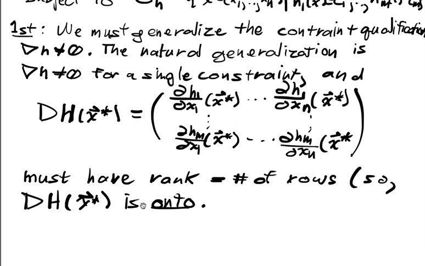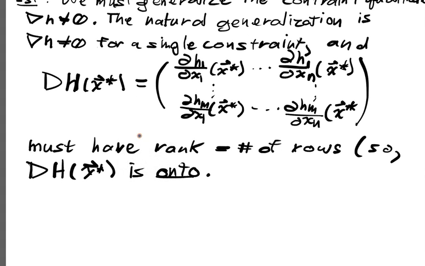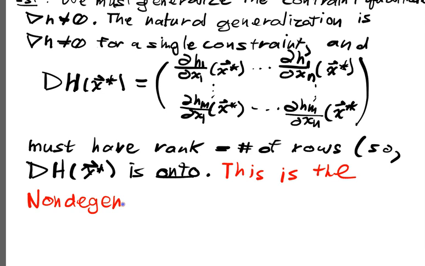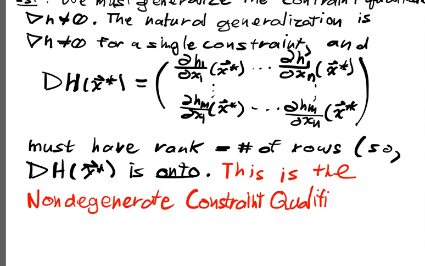That's how we generalize this, and we're going to call this the non-degenerate constraint qualification, or the NDCQ.